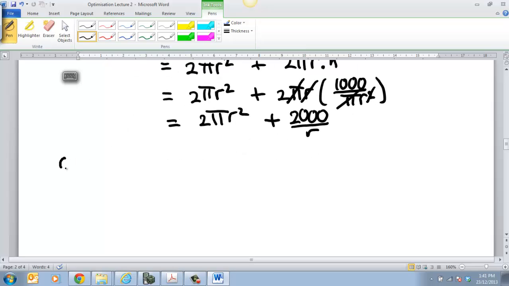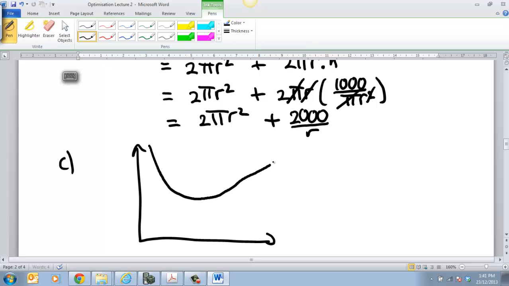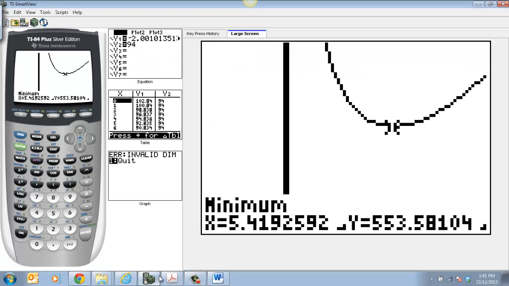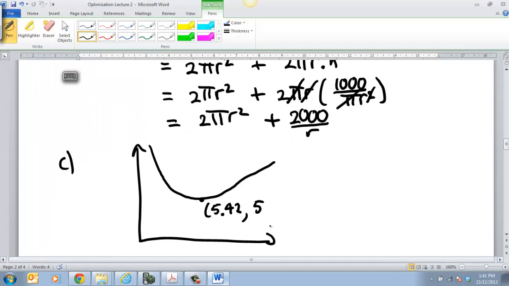So we can sketch that, part C. We know this is coming down like that. Remember that the radius is 5.42 and the area there is 553.58.